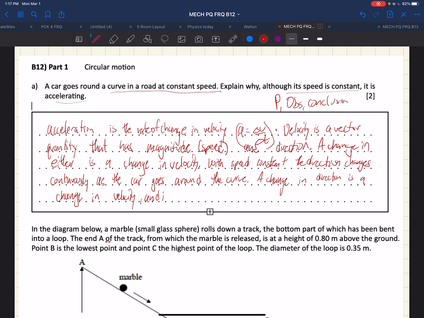And if there's a change in velocity, there is non-zero acceleration. Very important about centripetal acceleration and centripetal forces.